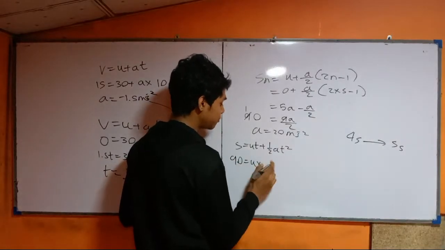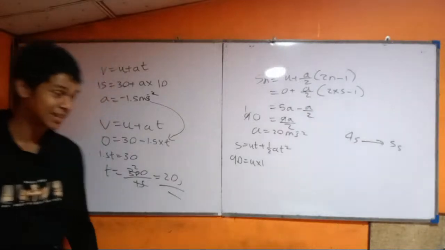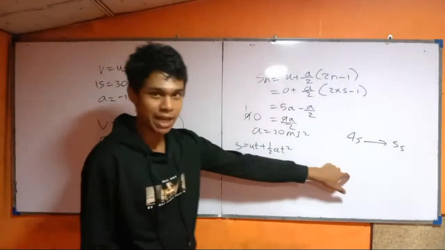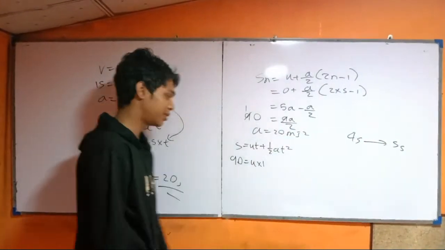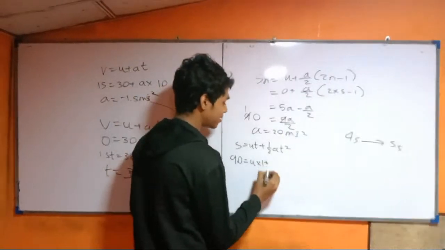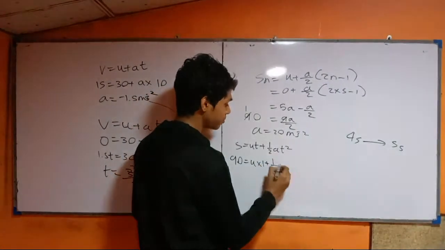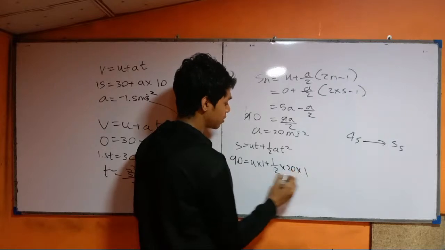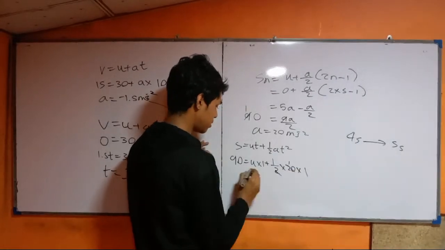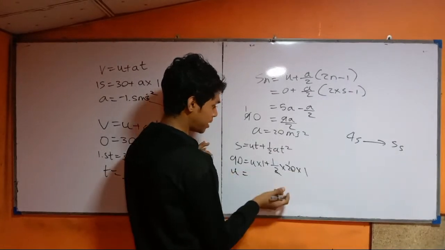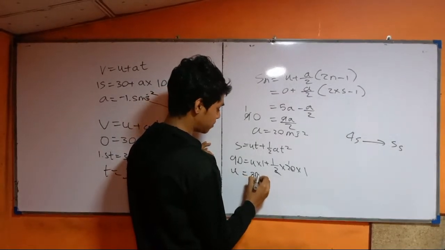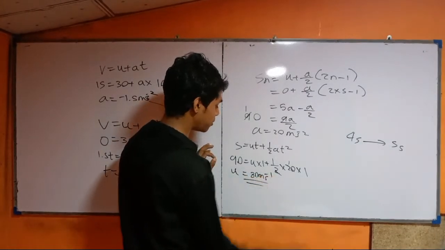What is the time taken? 1 second. The 4 second to 5 second time period is 1 second. So half into 20 into 1, so this one is 10. U is going to be equal to 80 meter per second.